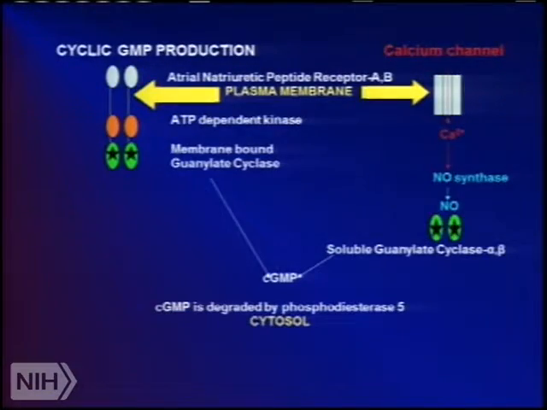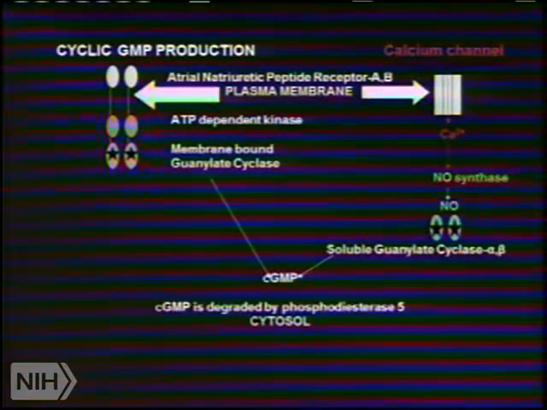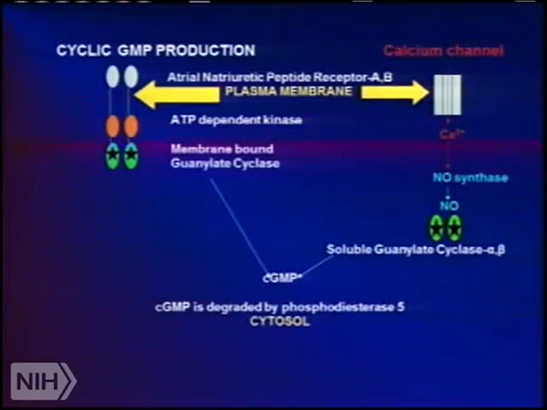There's a kinase, and then there's a guanylyl cyclase component to these proteins. The A and the B form a dimer, which activates the guanylyl cyclase to produce cyclic GMP. The cyclic GMP elevation is transient, occurring over a several-minute period, and then the cyclic GMP is degraded by phosphodiesterase.